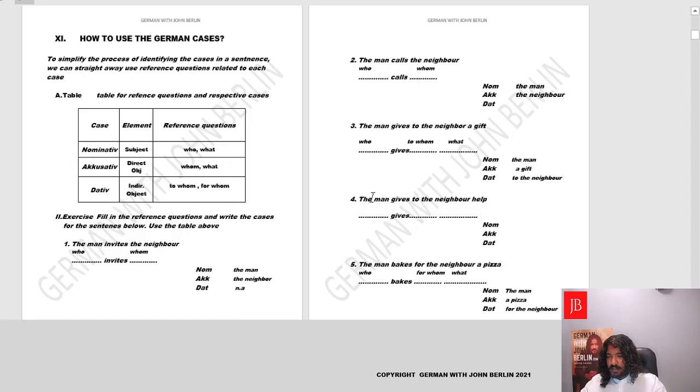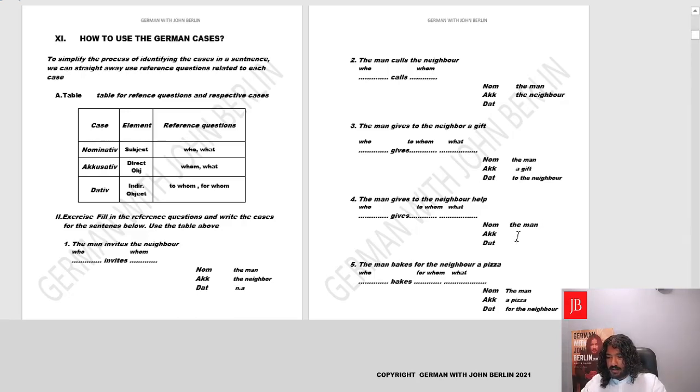Going to the fourth one, the man gives to the neighbor help. Again, who gives what to whom? The man, which is who, gives to the neighbor, which is to whom, help, which is what. Who is nominative? The man.